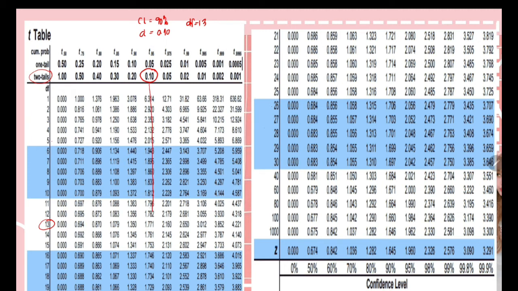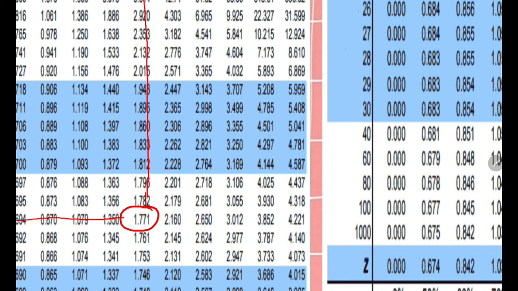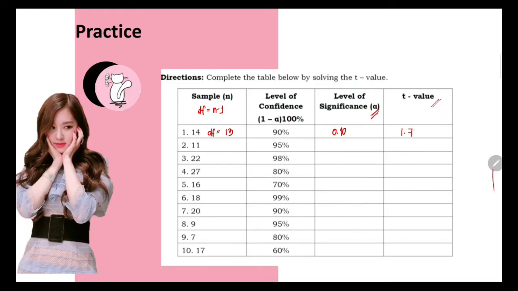Nasaan kaya yung intersection nila? Okay. So, therefore, the t-value is 1.771. Therefore, the t-value when the degrees of freedom is 13 with a 90% level of confidence is 1.771.